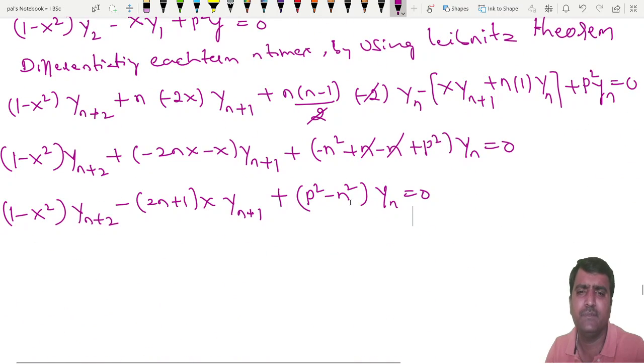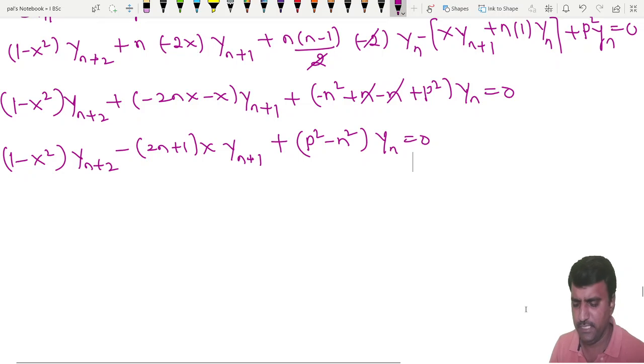If you take minus as common factor, then it becomes minus of n square minus p square. Okay, no problem.